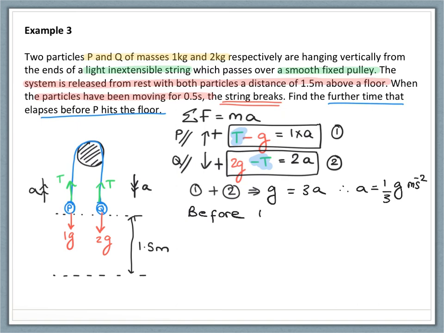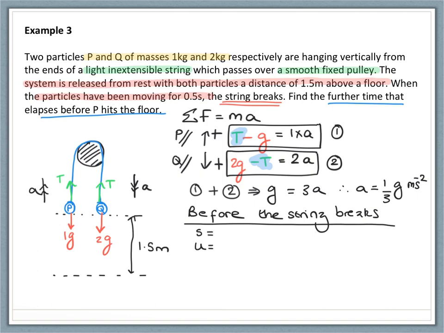So before the string breaks, we can calculate a number of pieces of information. So we can calculate the distance travelled. Q will travel a certain distance downwards and P will travel the exact same distance upwards. We can work this out. We don't know what it is.